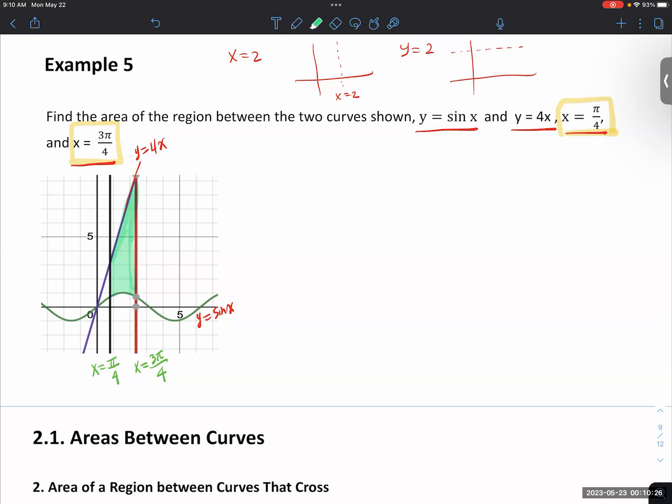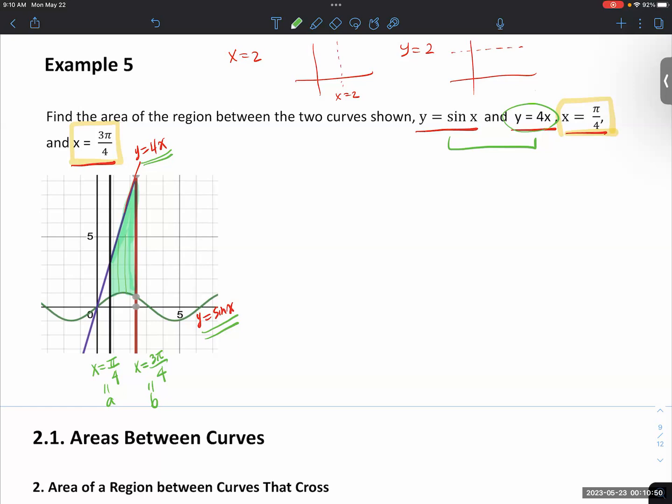Are you okay? So what happened? This is actually a and b, your range between a and b, and you're looking for the area between y equal to 4x and y equal to sine x. Which one is higher? Between these two, the purple one is always higher than the trigonometric function.